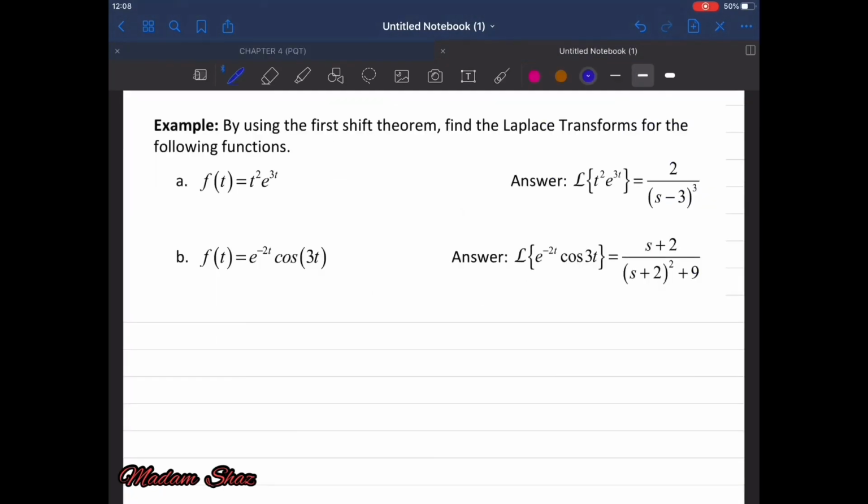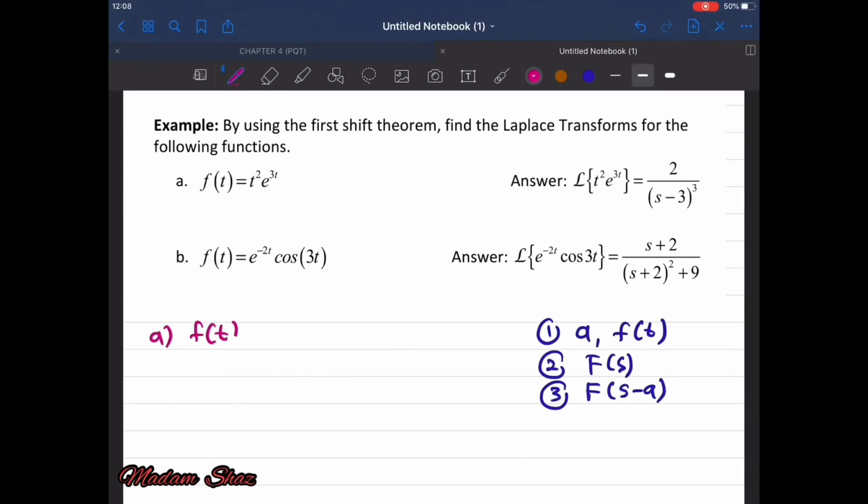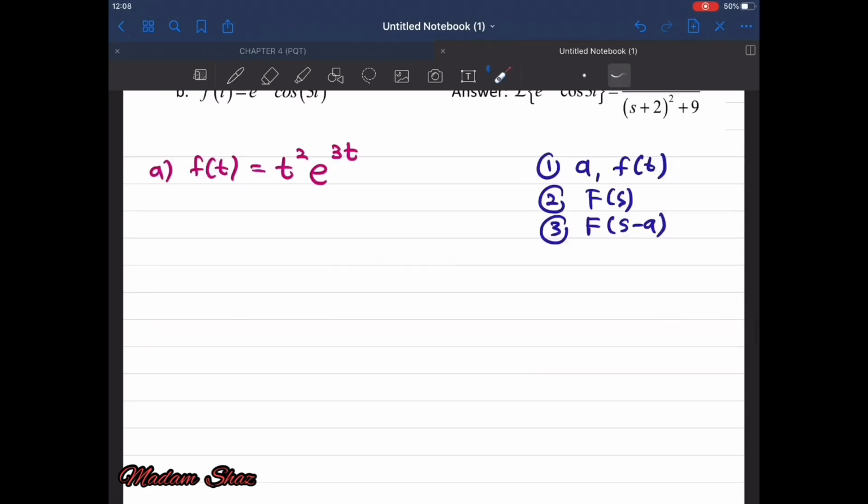So the first step, you have to determine the a and you have to determine the f(t). The second step, you have to find the Laplace transform for the f(t), whereby you will obtain the F(s). The third step is you have to shift the F(s) to become s minus a. Okay, for example 1, f(t) is equal to t squared e^(3t).